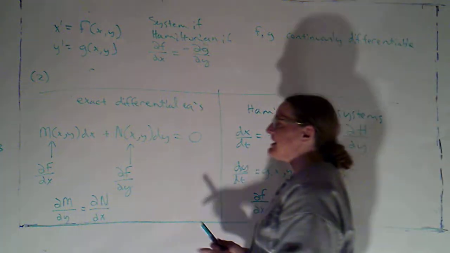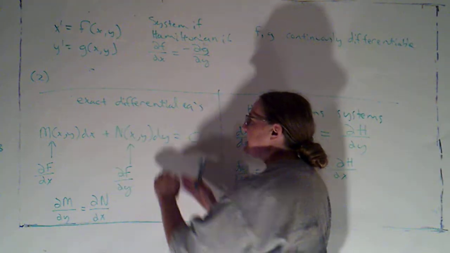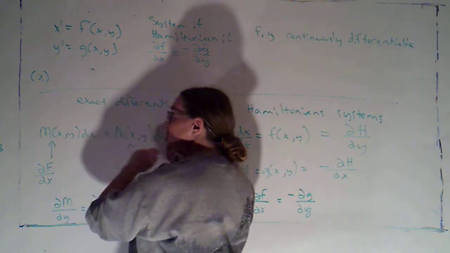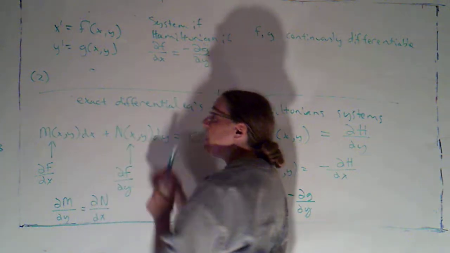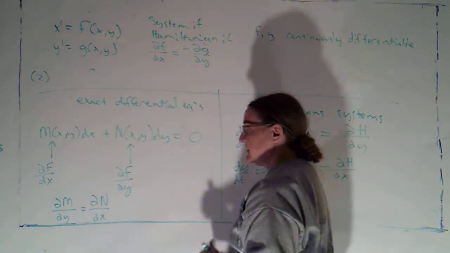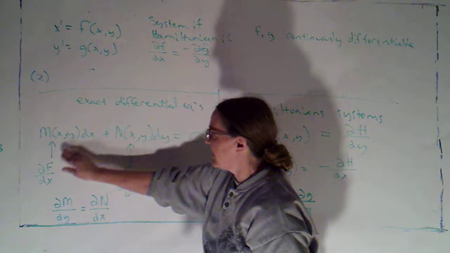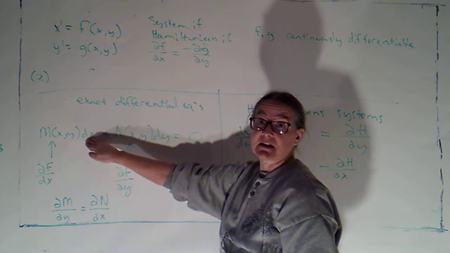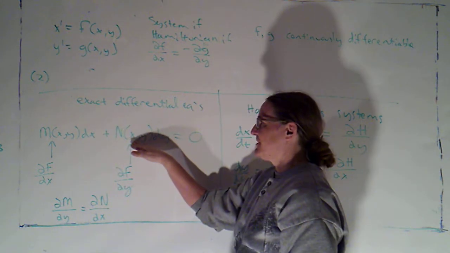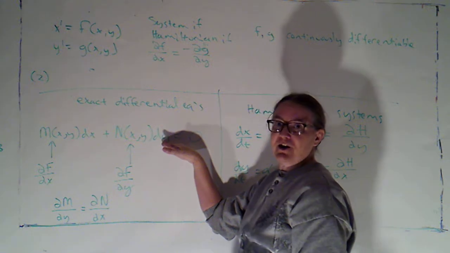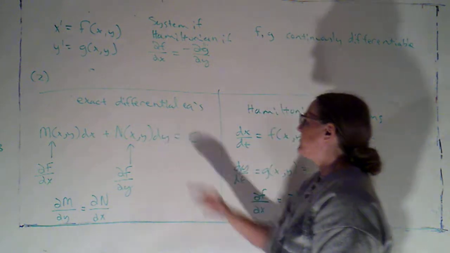The idea here is that if this is exact, this represents the total differential of f, which is the partial of f with respect to x times a variable that represents a small change in x, plus the partial of f with respect to y times a variable that represents a small change in y.